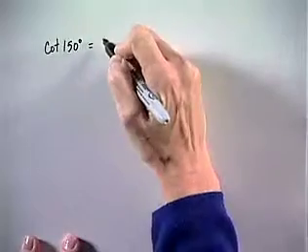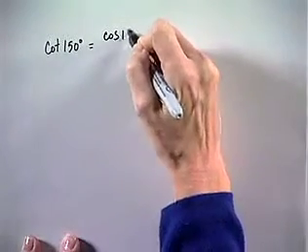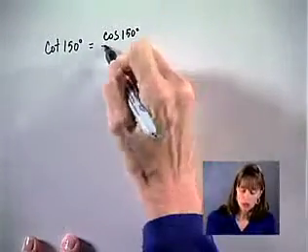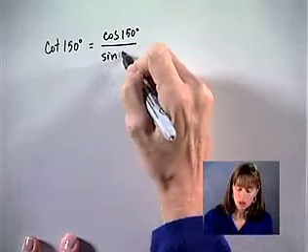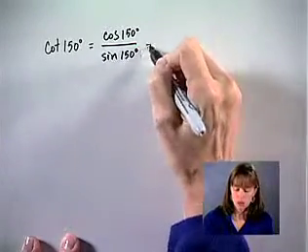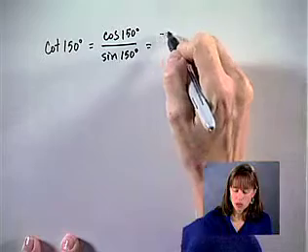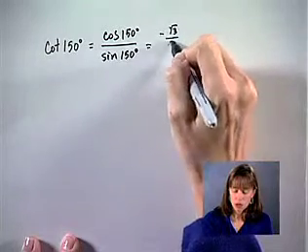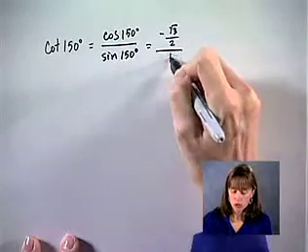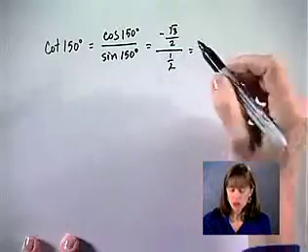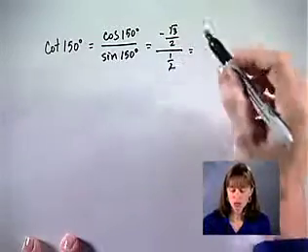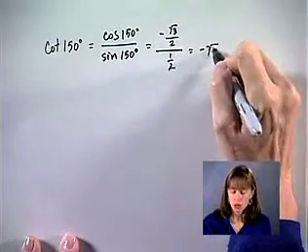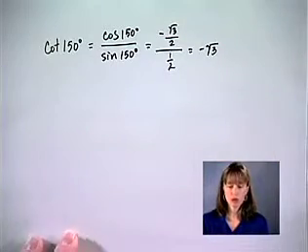Now let's find the cotangent of 150 degrees. Recall that the cotangent is the cosine of 150 degrees over the sine of 150 degrees, which is negative square root 3 over 2 over 1/2. If you simplify this by multiplying by the reciprocal, you will end up with negative square root 3.